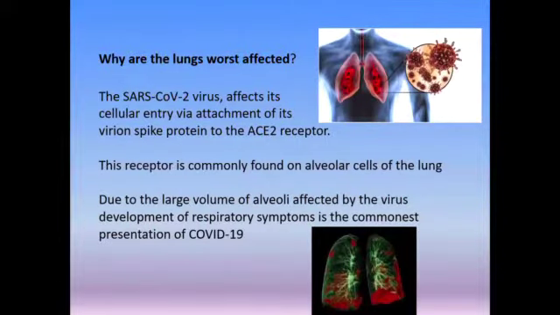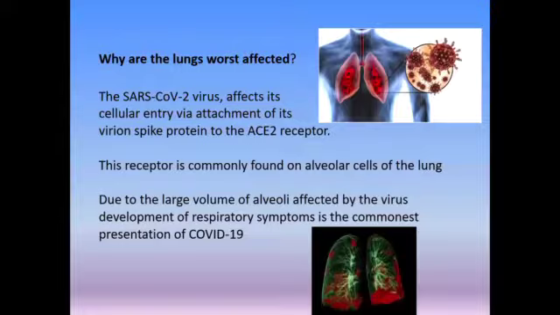So why are the lungs worst affected? If we go a little bit into the basics, the coronavirus affects its cellular entry via, as you know, attachment of its virion spike protein to the ACE2 receptor. And this ACE2 receptor is commonly found on the alveolar cells of the lung.